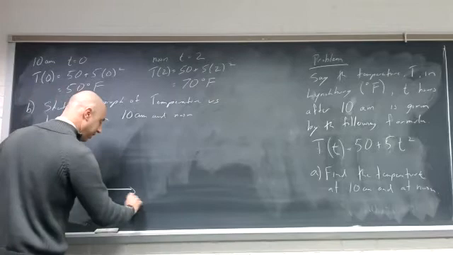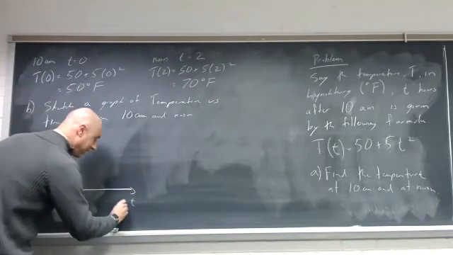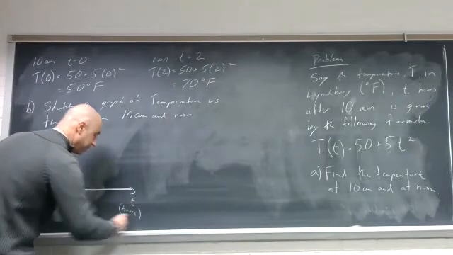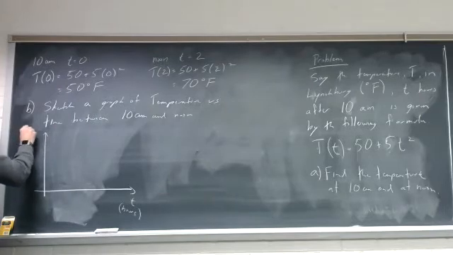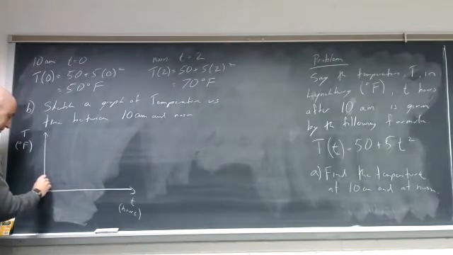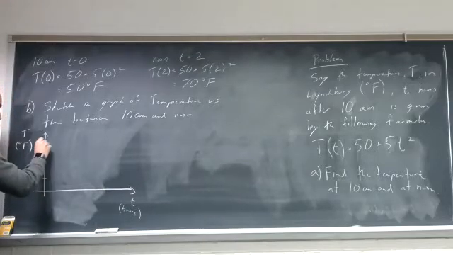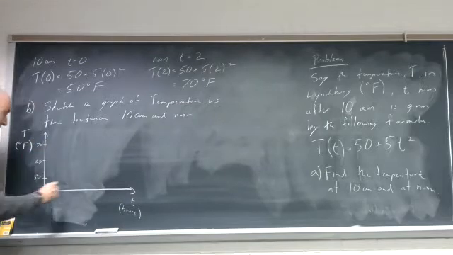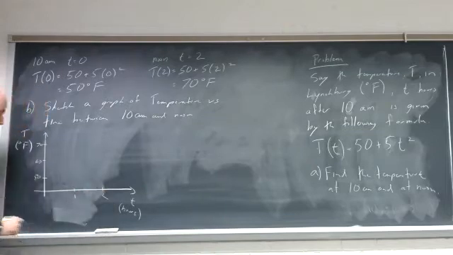So I'll put lowercase t on this axis, that's t in hours, number of hours after 10 a.m., and I'll put uppercase T temperature on this axis, and this, of course, is in degrees Fahrenheit. And let's see, 50, 60, 70, 1 hour, 2 hours.